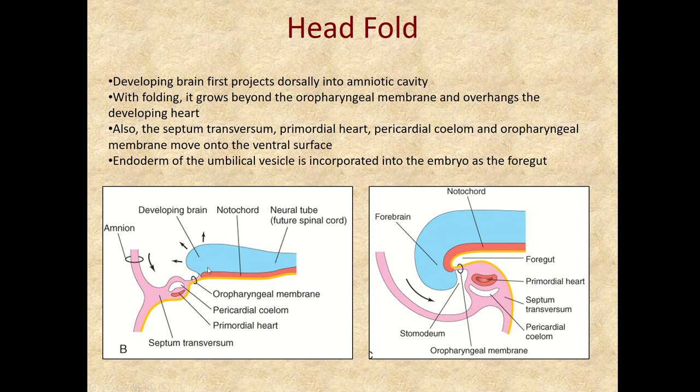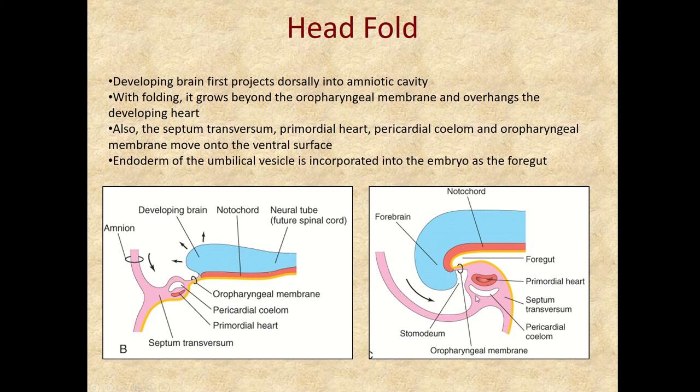The developing neural tube and brain grow really fast, a lot faster than the other aspects of these structures here, and are going to project outward and fold ventrally. So you can see that what was here is now going to be on the other side, and all of this stuff gets tucked under because this is growing faster.